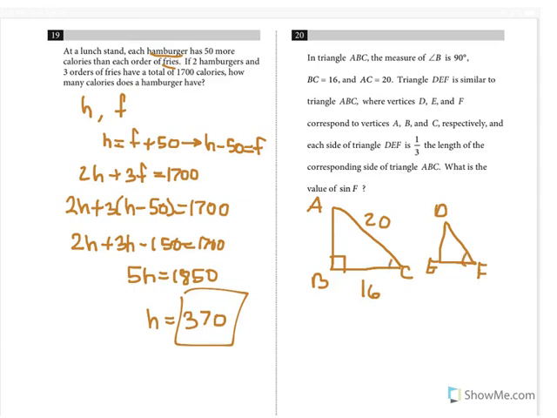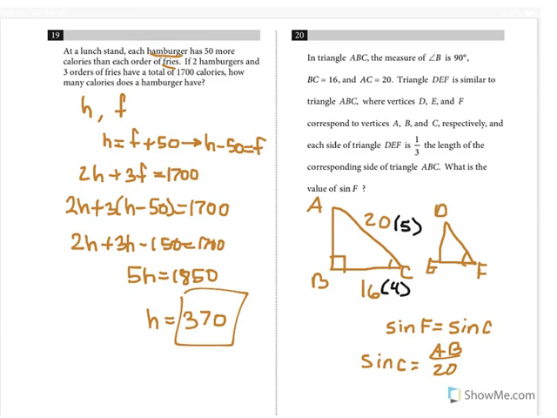Well, the sine of F is going to equal the sine of C. And the sine of C is going to equal AB over 20. Well, what is AB? Again, math eyes. Recognizing we have a 3, 4, 5 triangle right here. 20 is 4 times as much as 5. 16 is 4 times as much as 4.